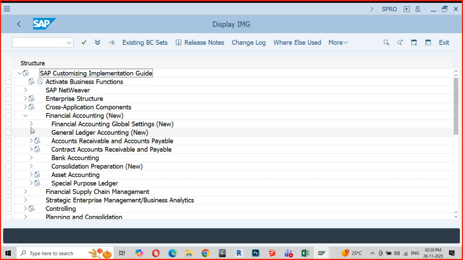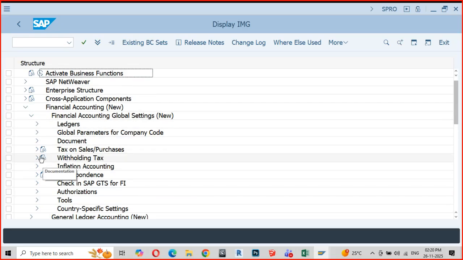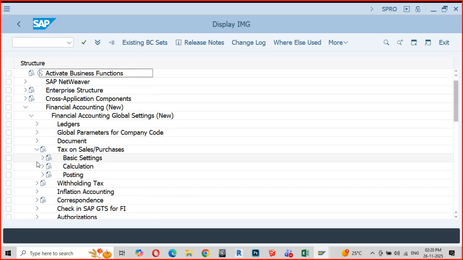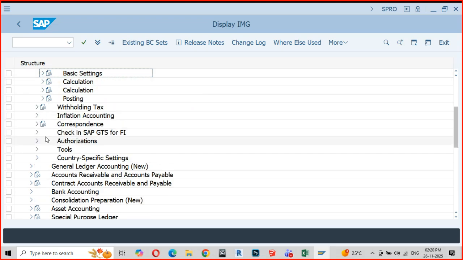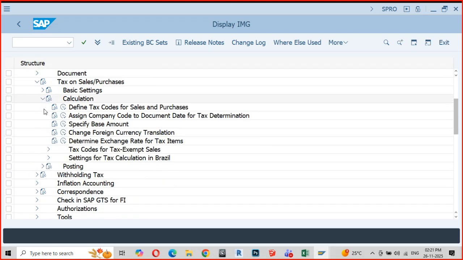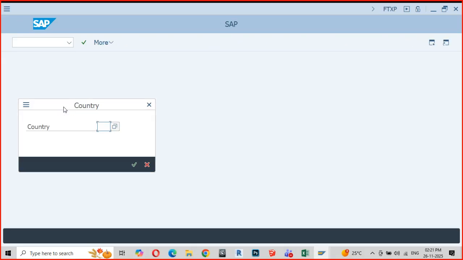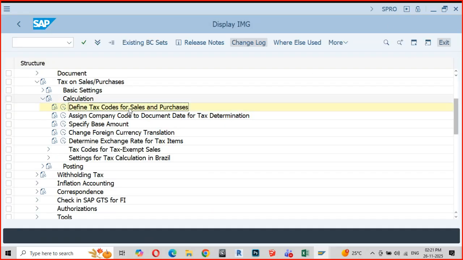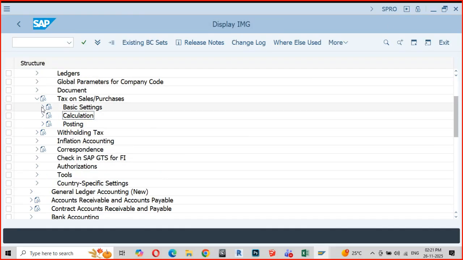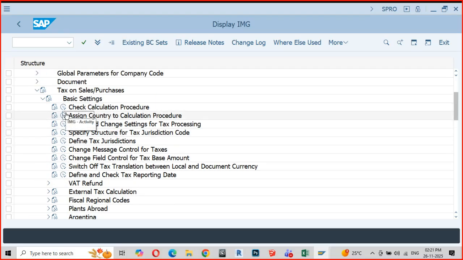AR and AP, tax on sales and purchases, basic settings, calculation, tax codes. Let me go to the tax procedures. Just hold on, students. Let me go to the tax procedures first. Basic settings, calculation procedure.